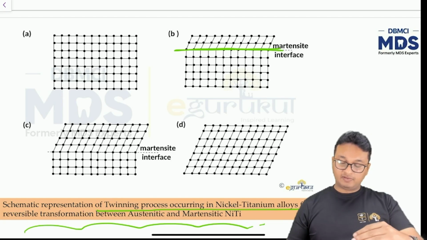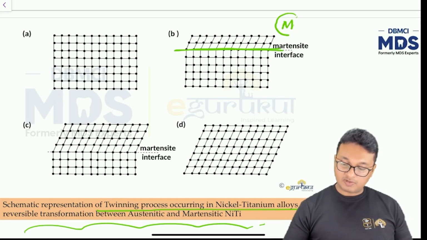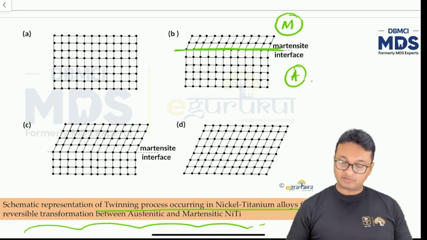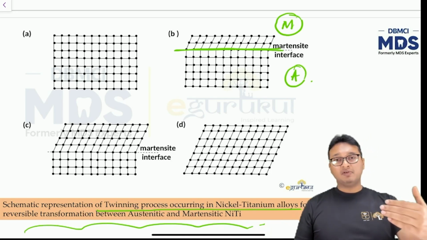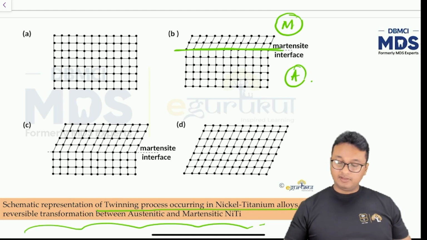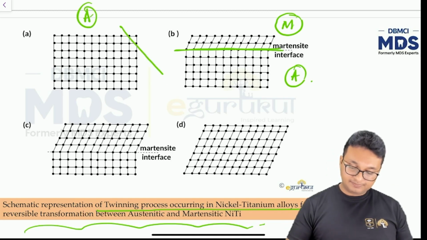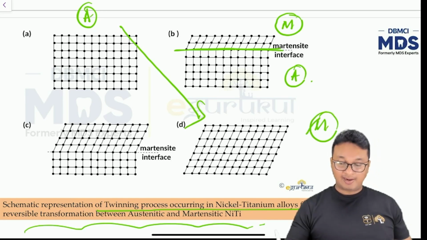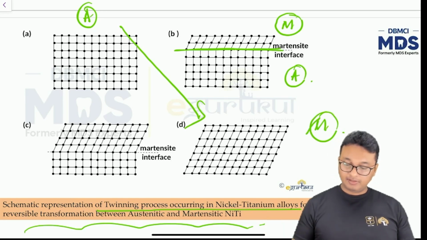Above this interface there is formation of martensitic nitinol, and below that the austenitic nitinol. Till the time the forces are being generated onto the wire, the entire crystal structure gets converted from austenitic to martensitic. And as soon as the forces are released, this gets converted back to austenitic.